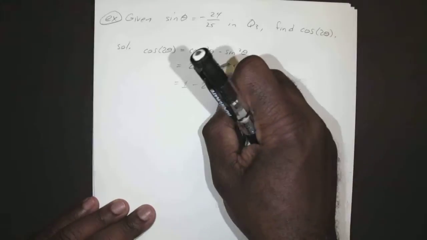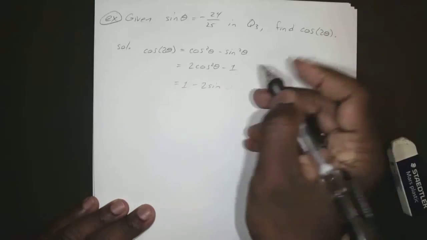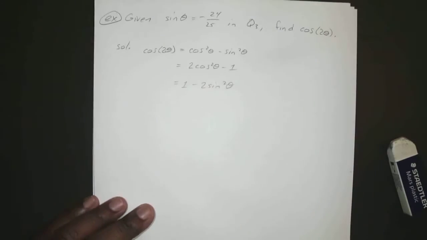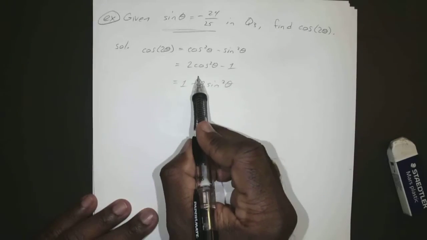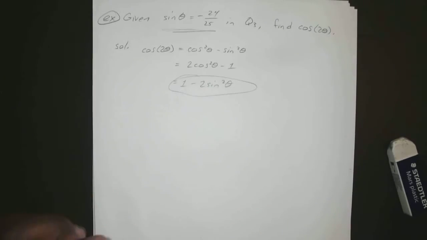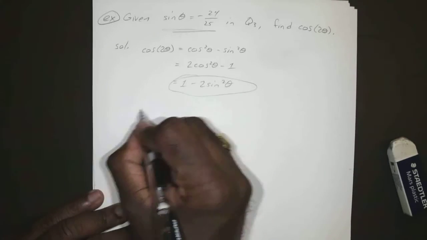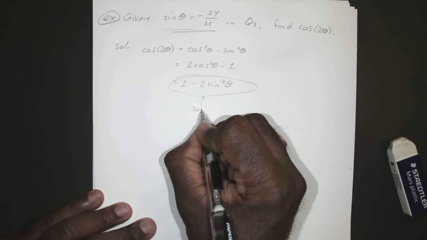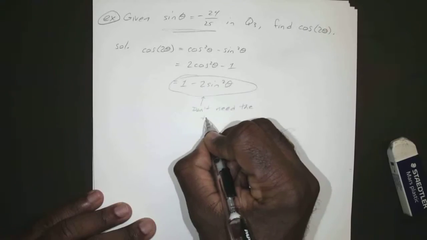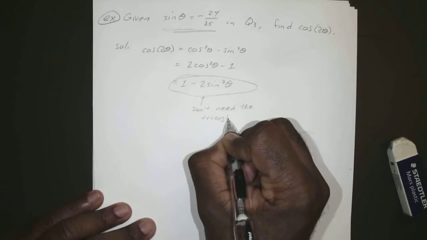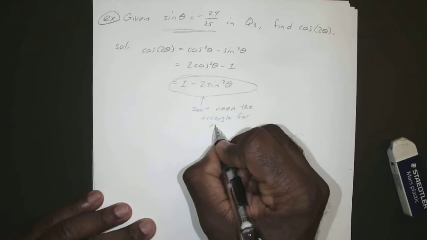Go clean that up just a bit. So since they gave us sine, if we use this one, we can bypass all of the triangles and everything else. Okay. So we don't need the triangle for this formula.